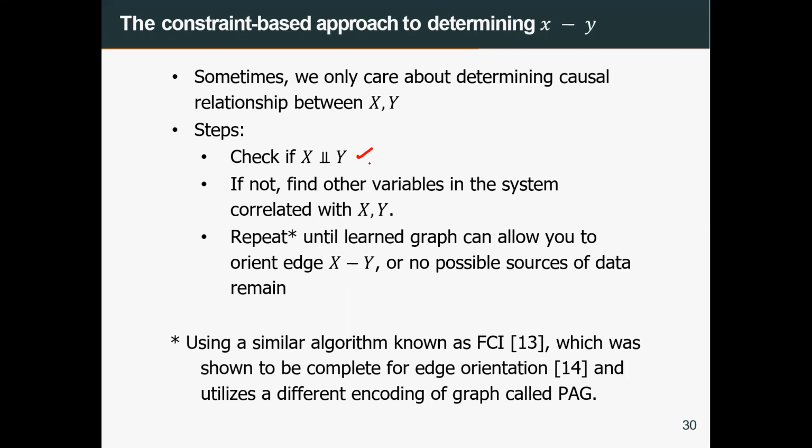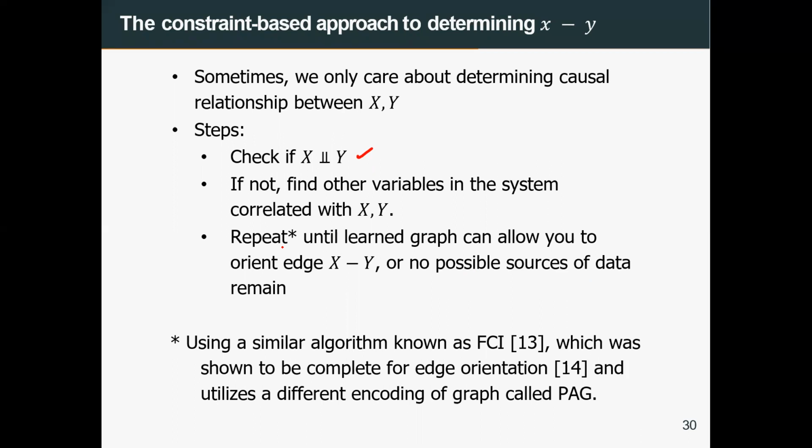If not, you look at the variables in the system that are correlated with X and Y, and try to learn enough information about the graph so that you can orient that edge X to Y, or until all your data is used.